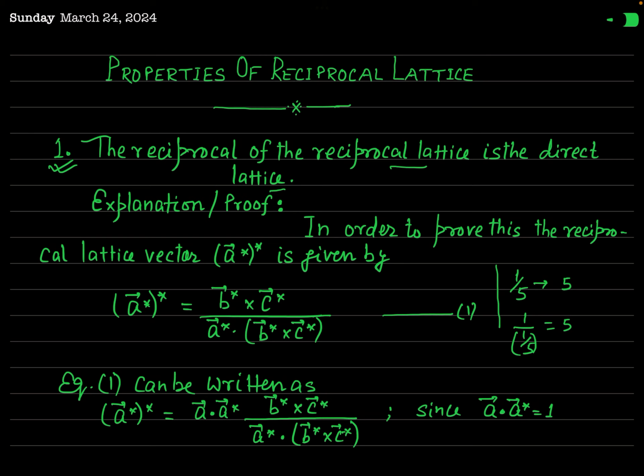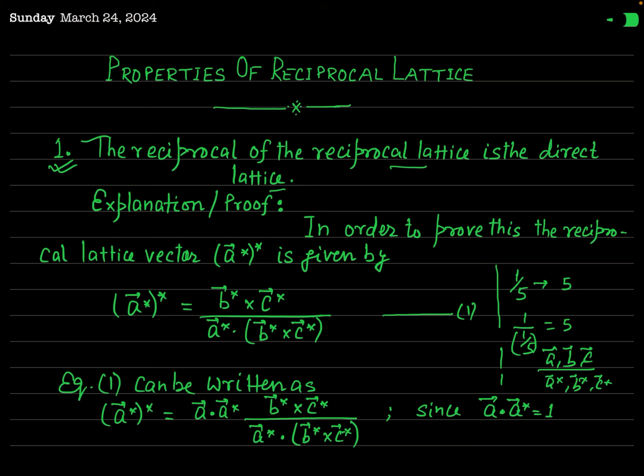We have seen that if A, B and C are the primitive translation vectors of a direct lattice, then we denote by the symbols A star, B star and C star the primitive translation vectors of the reciprocal lattice.